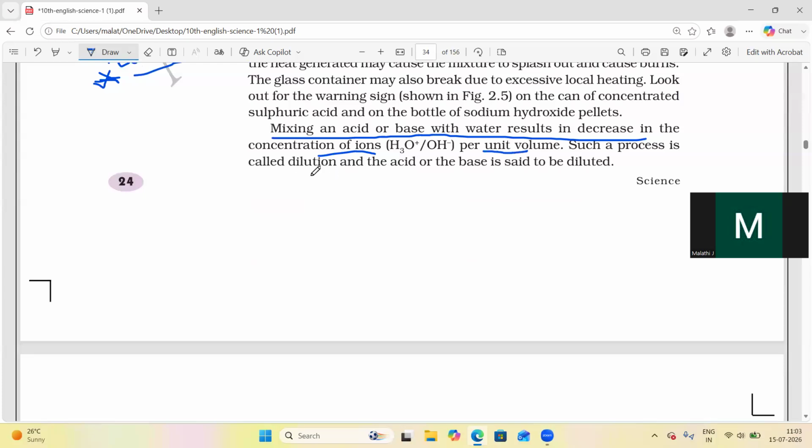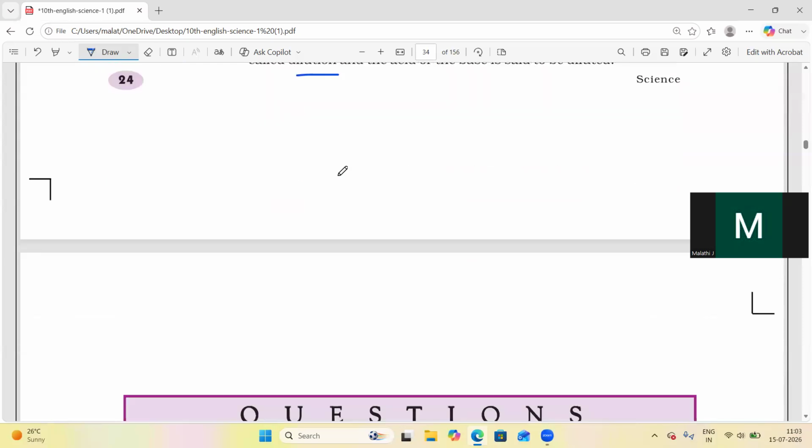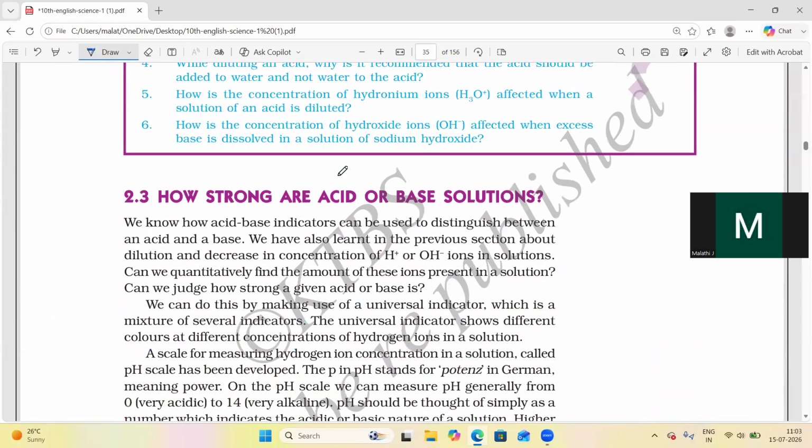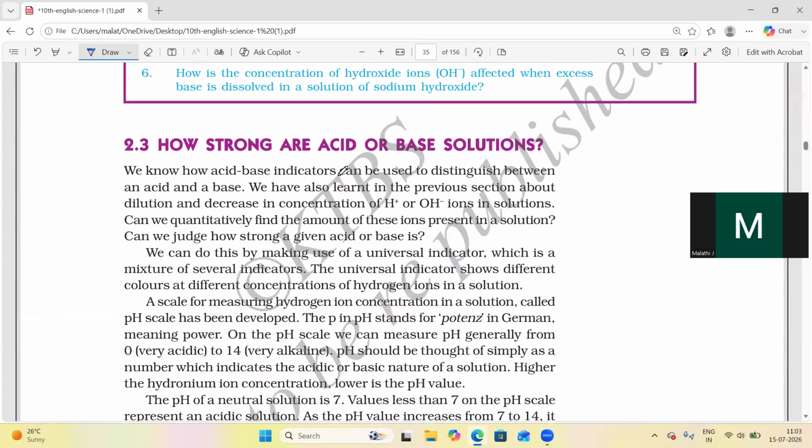This process we call dilution. What happens when HCl is added to water? When HCl is added to water, it forms hydronium ions. That is what we discussed.